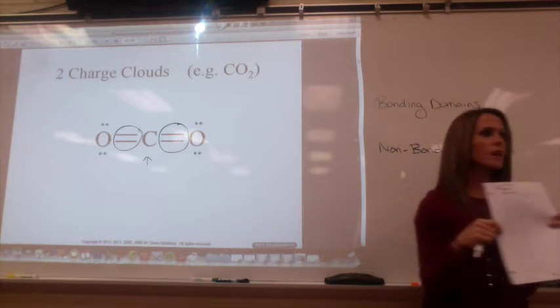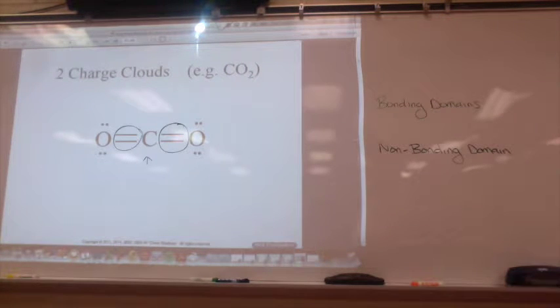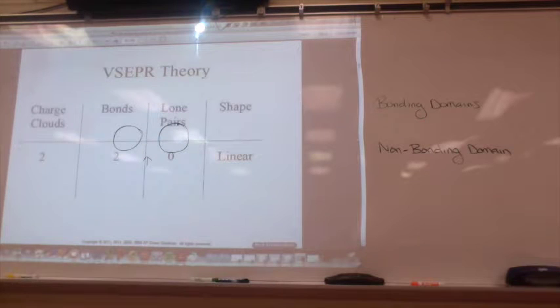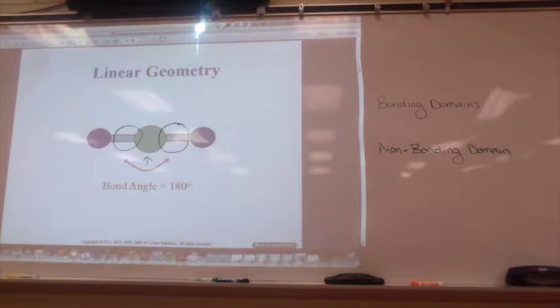Linear. What's the bond angle? 180 degrees. This is literally what you do. You draw your structure, you count your domains, bonding and non-bonding, and then in your head, you have trapped all these 13 different geometries and their bond angles. So 2 bonds, no non-bondings, and the shape is linear, and the angle is 180. Does that make sense?